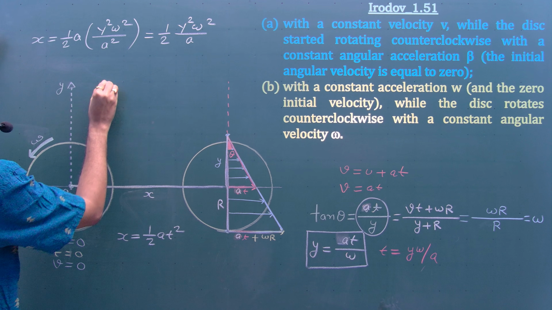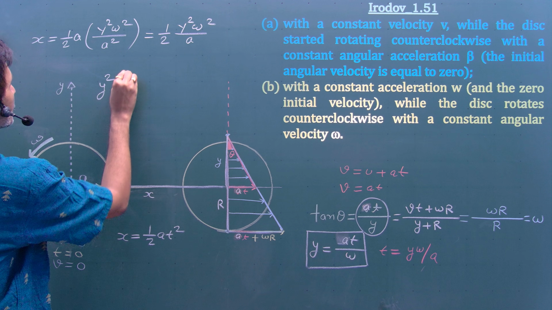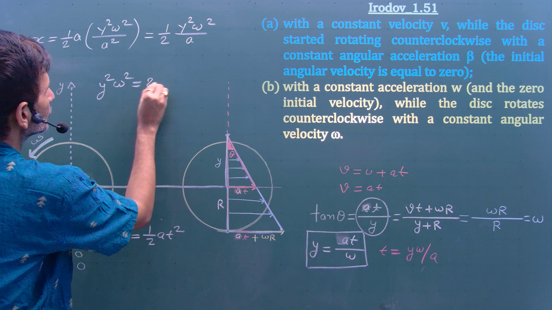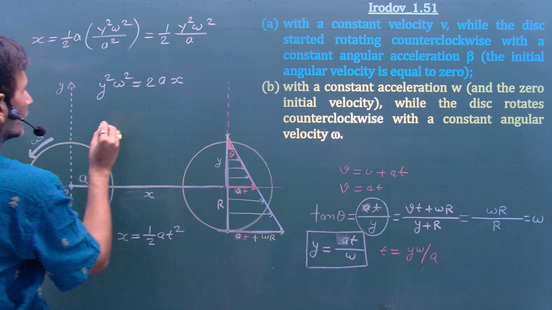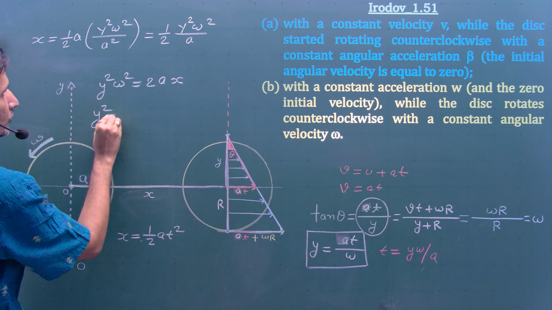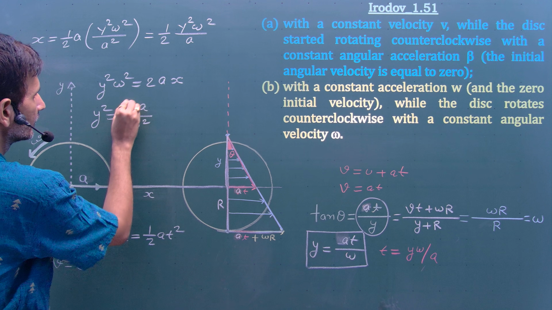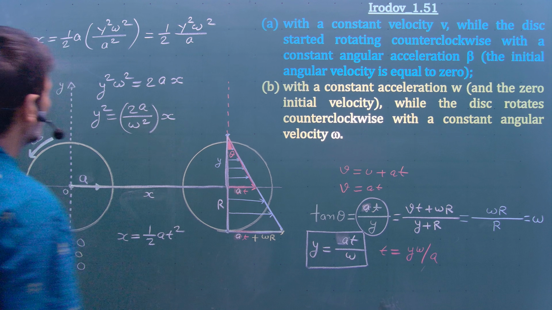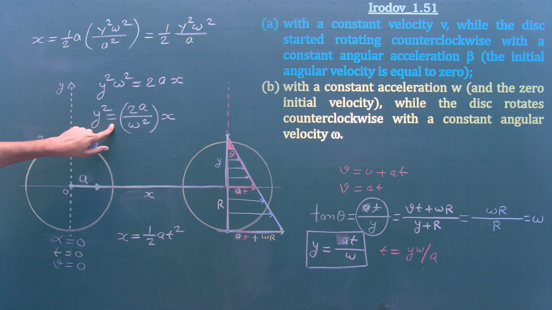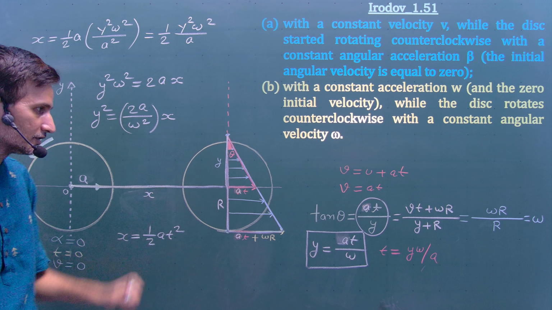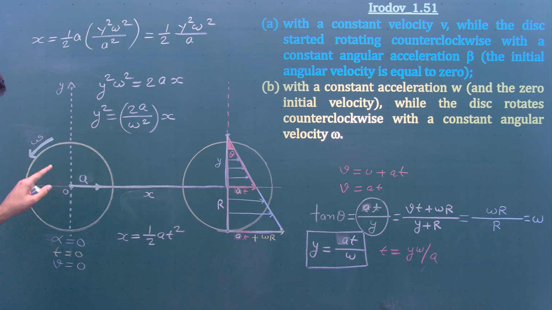So the equation is y square omega square equal to 2ax. So y square equal to 2a divided by omega square into x. So this is the equation of a parabola. So the instantaneous axis of rotation in this problem varies along a parabola.